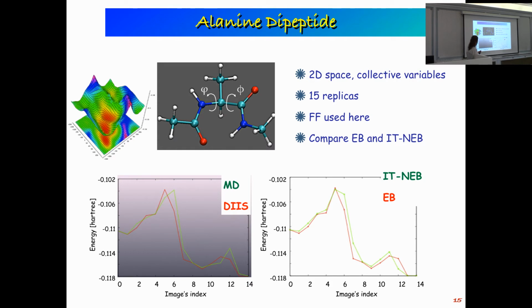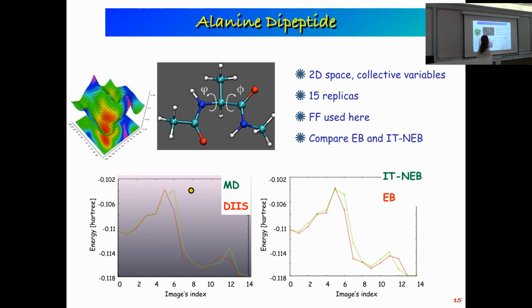Okay, that is some old example for the alanine dipeptide. Here the pathway goes along the rotation of these 2 angles. You in principle can define also collective variables and follow the collective variables rather than the whole set of coordinates. I mean, it makes no difference because the collective variables are defined in terms of coordinates.